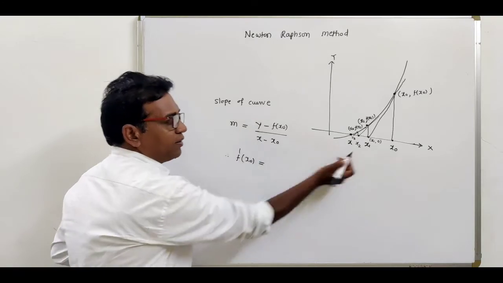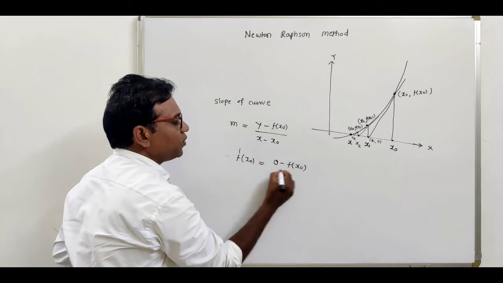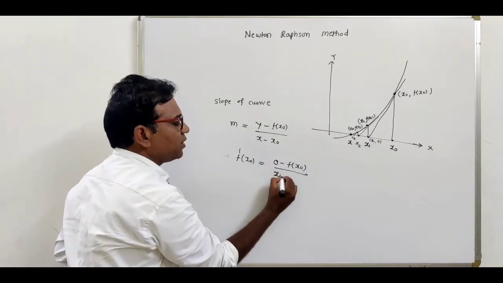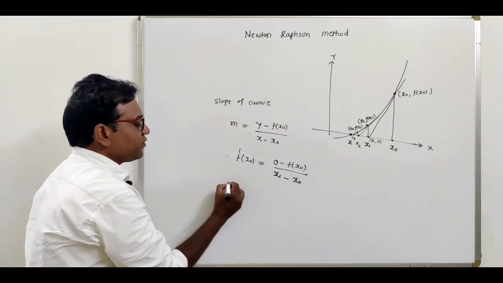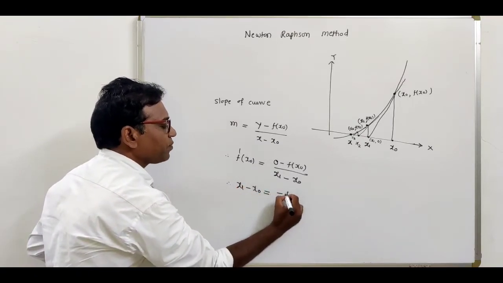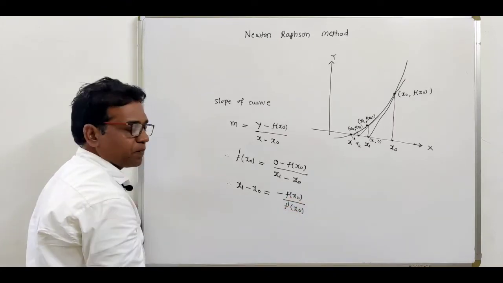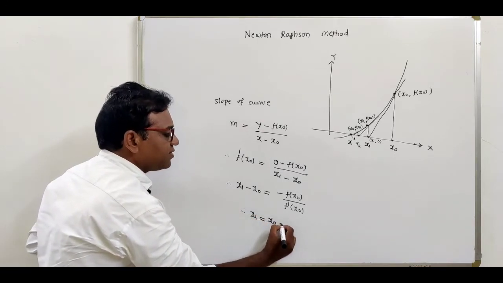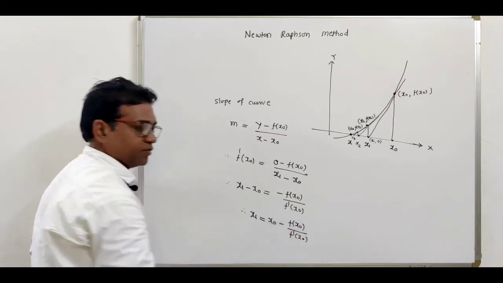What is the value of y? Value of y is 0 minus f of x0, divided by x. What is the value of x? It is x1 minus x0. So simplify this equation: x1 minus x0 is equal to minus f(x0) divided by f dash x0. So what is the value of x1? x1 is equal to x0 minus f(x0) divided by f dash x0.